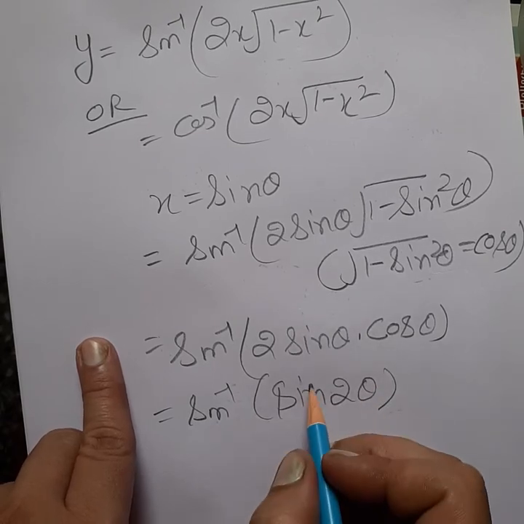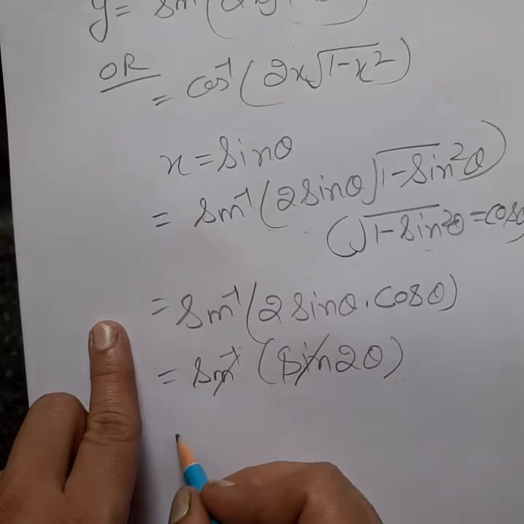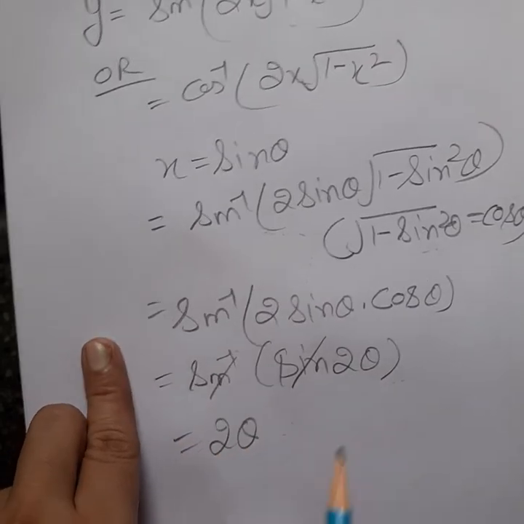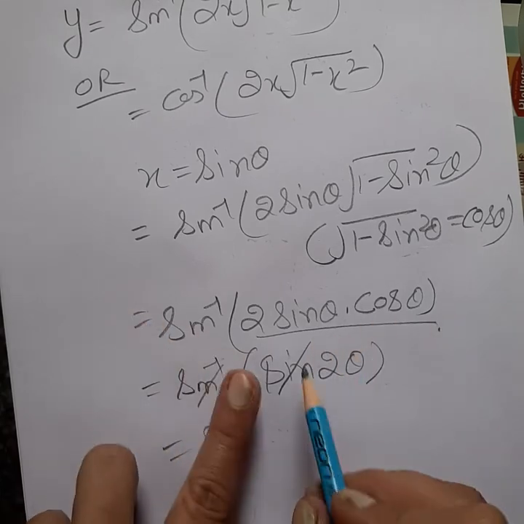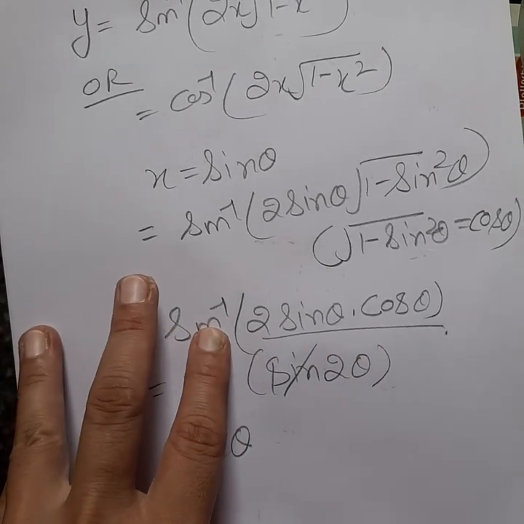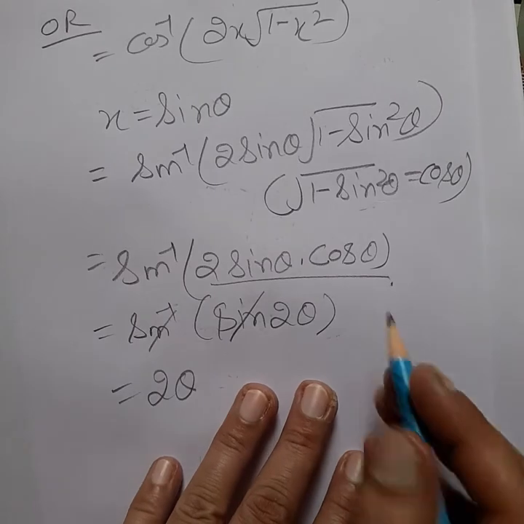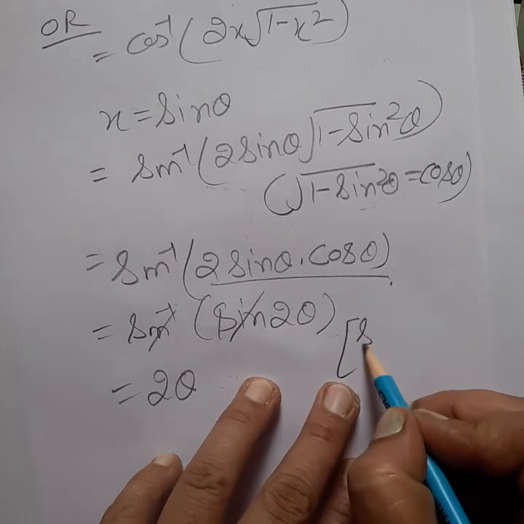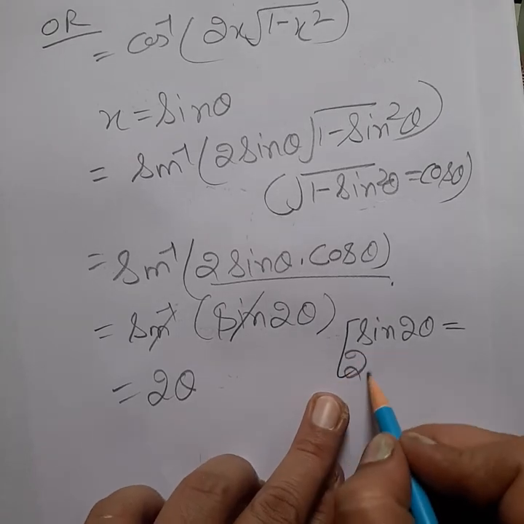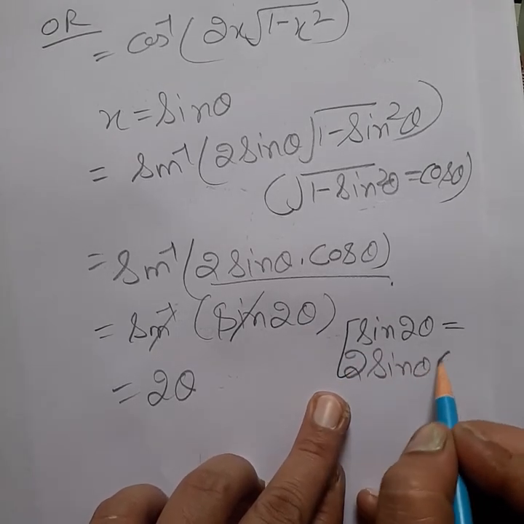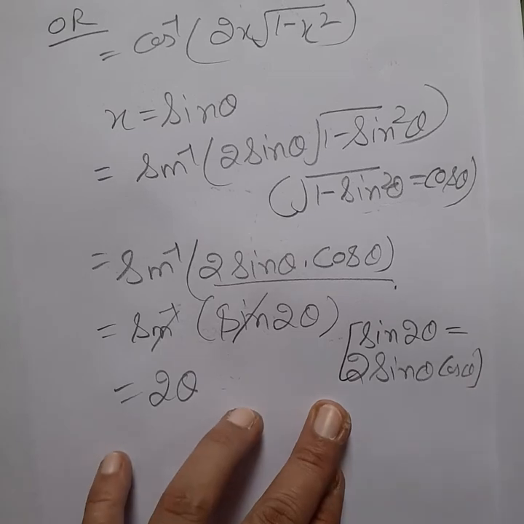After cancelling sine we get only 2 theta, because this is also a trigonometrical formula: the formula of sine 2 theta is equal to 2 sine theta cos theta.